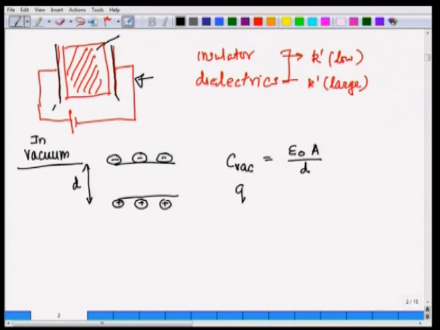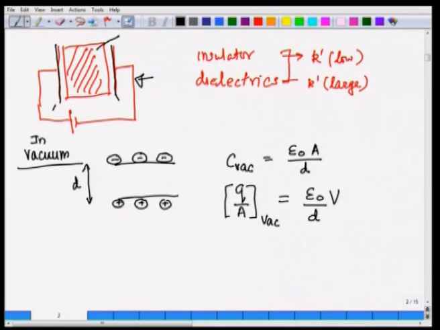So I am going to take this A down here and write this in vacuum. The total charge accumulated on the plates is Q, given by C times V, but I am writing charge per unit area, so capacitance per unit area, which is epsilon naught over D, multiplied by V.